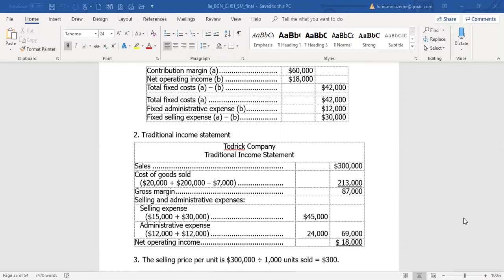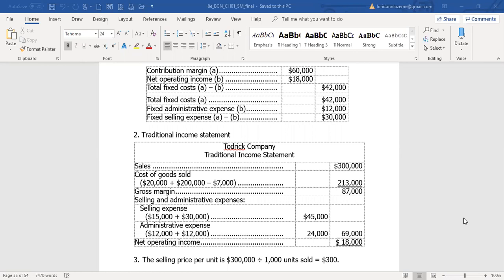So this is an external income statement, one that would be given to decision makers that are outside of the company. We then would subtract selling and administrative expenses, but selling expenses, variable and fixed, would be added together and subtracted in that category, and administrative, variable and fixed, would be added together and subtracted as one administrative expense.